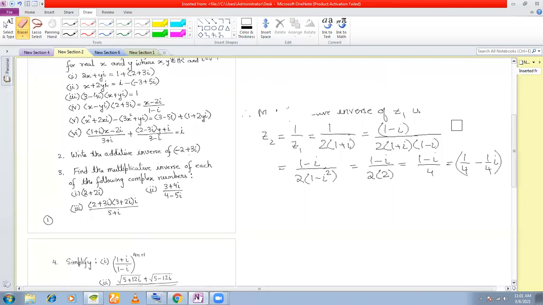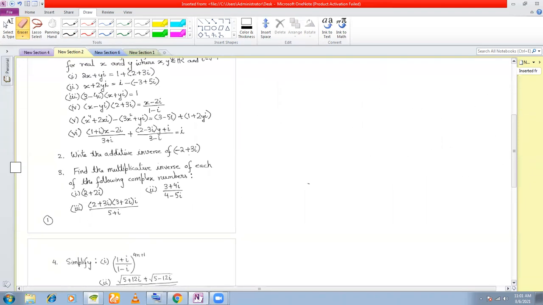Let's see the second question, 3 part 2. Here also you need to find out the multiplicative inverse. I say let z1 is equal to 3 plus 4i divided by 4 minus 5i.